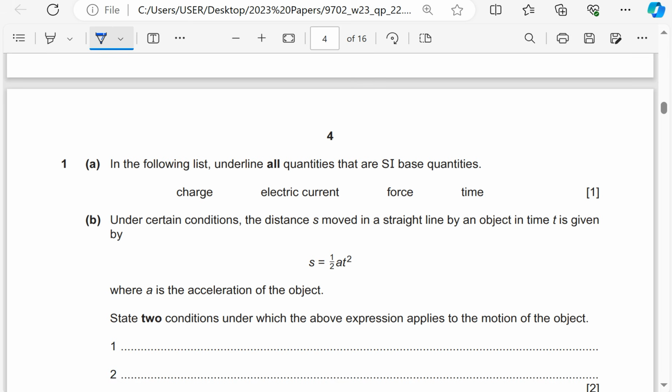In the following list, underline all the quantities that are SI base units. The SI base units are not expressed in terms of any other units. So these include the electric current and time. Remember, these are 7.